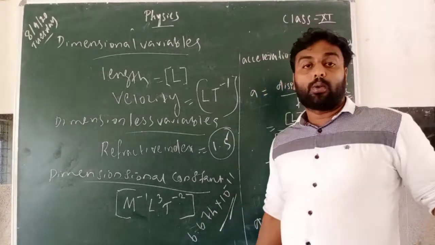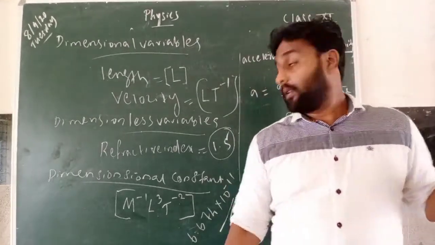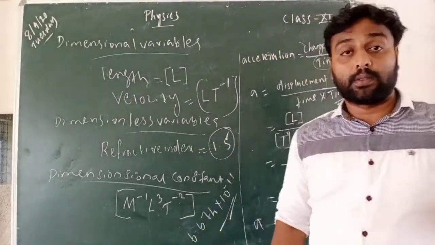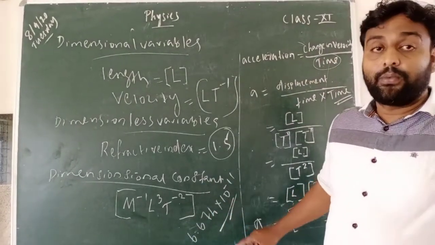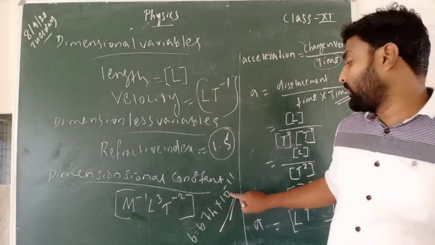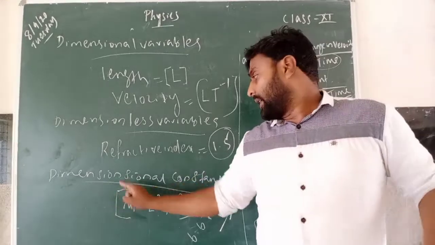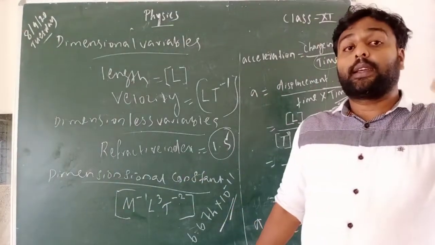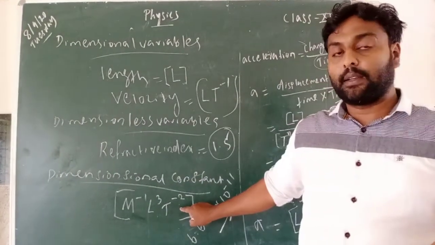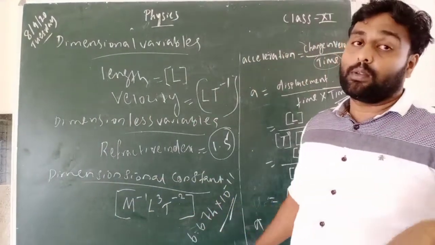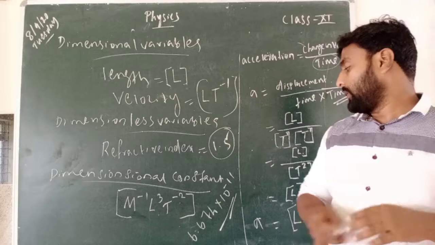This is a constant value, universal gravitational constant, fixed value. That is what we are calling dimensional constant. It has some dimension, and a constant value.